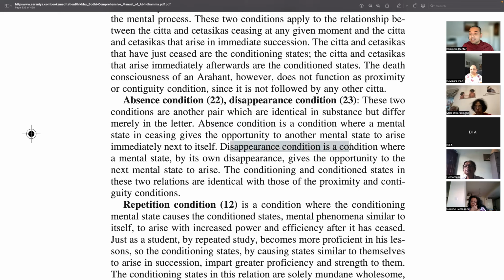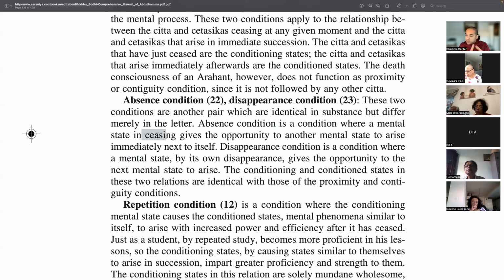Disappearance condition is a condition where a mental state, by its own disappearance, gives the opportunity to the next mental state to arise. Right? In disappearance, it's talking about the fact of disappearing, not absence. Do you understand? In the first, absence condition, it's talking about the mental state in ceasing. It's absent now.